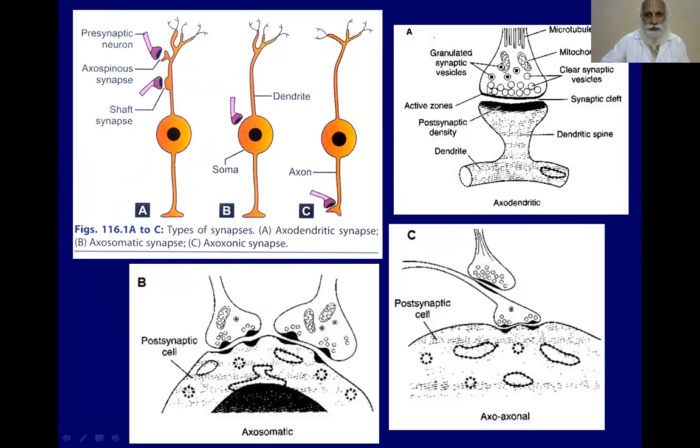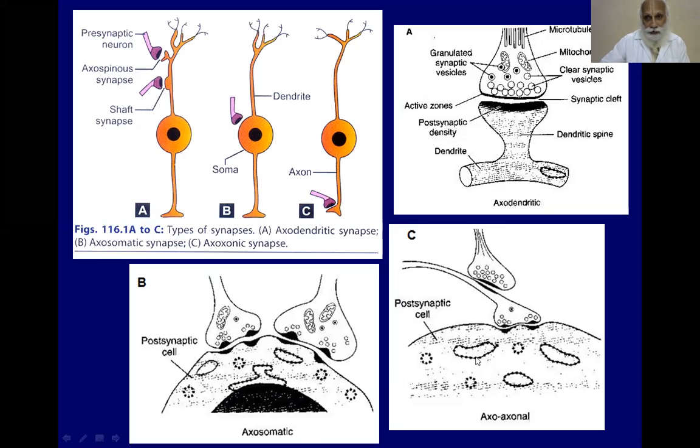You can see this is the presynaptic terminal of the presynaptic neuron, and that is ending on a postsynaptic dendrite or dendritic spine. So this is axodendritic. Now the axon terminal can also be making contact with the postsynaptic cell's soma. So this will be axosomatic.